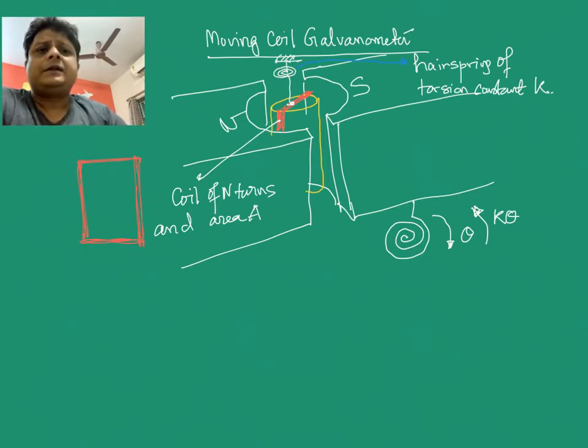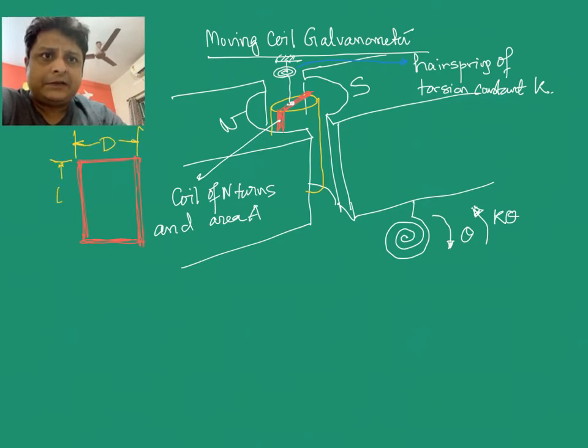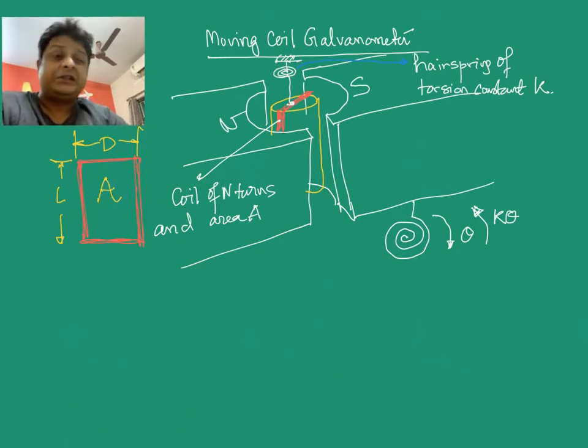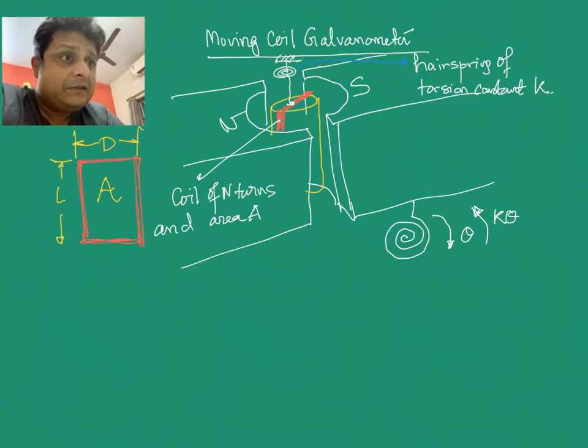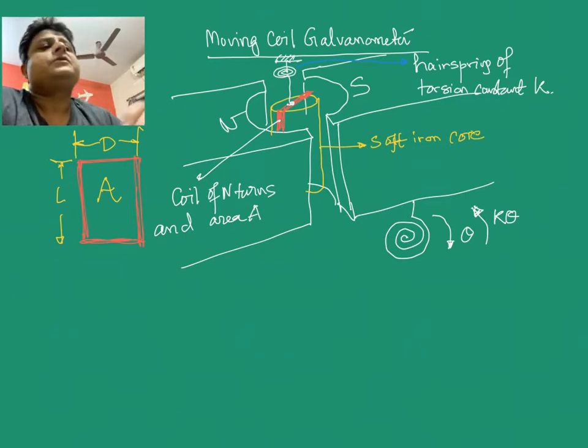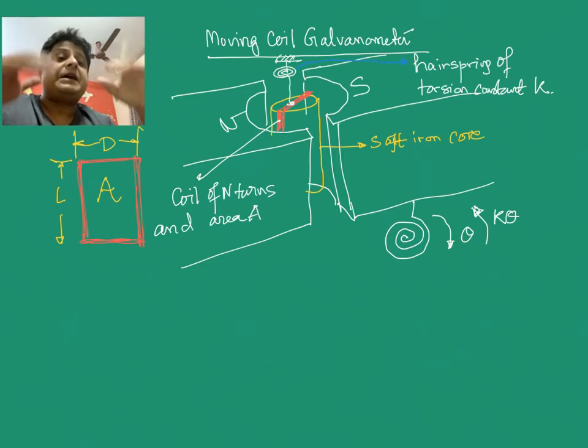So as it's a rectangle, this thing is the diameter of the cylinder, and this thing is the length of the cylinder, and this is the area of the coil A. So it's d multiplied by L. Okay. Now this thing is the soft iron core. Now, why is this soft iron core required? It attracts the magnetic field towards it.